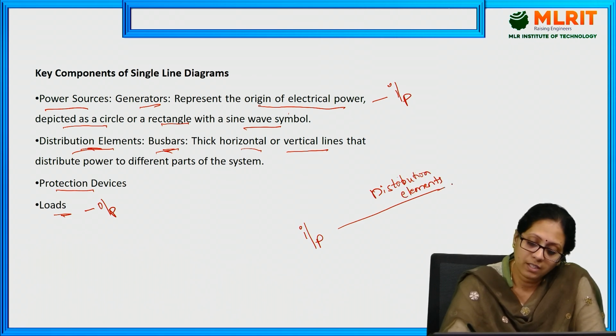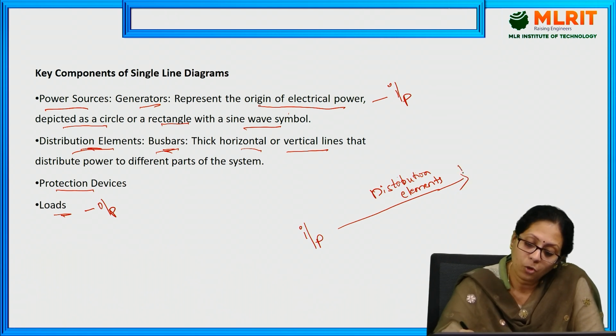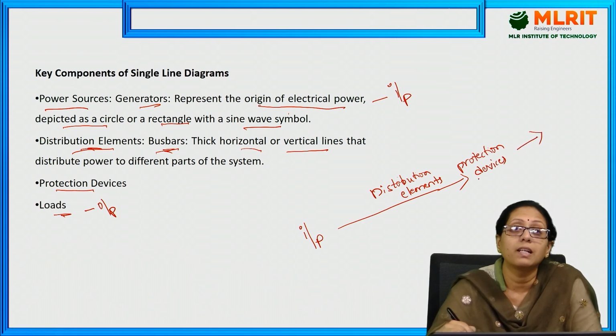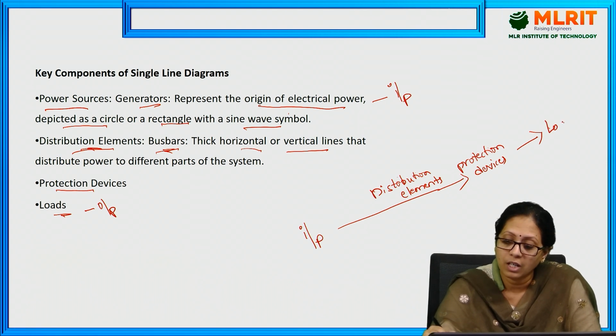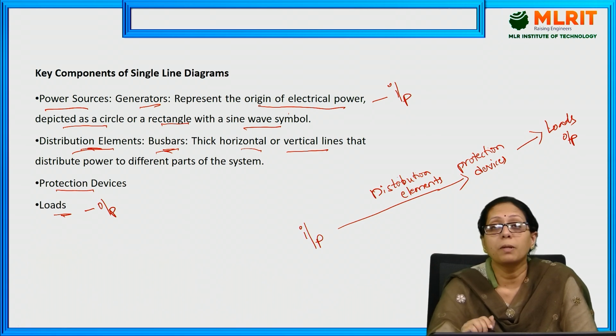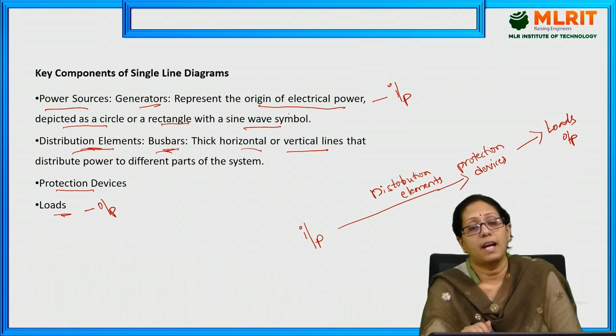To this we have to connect protection devices, and these protection devices ultimately give the output to the loads. So these are the minimum components which should be present in the SLD diagram.